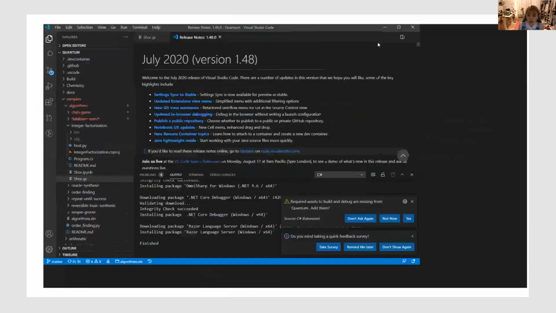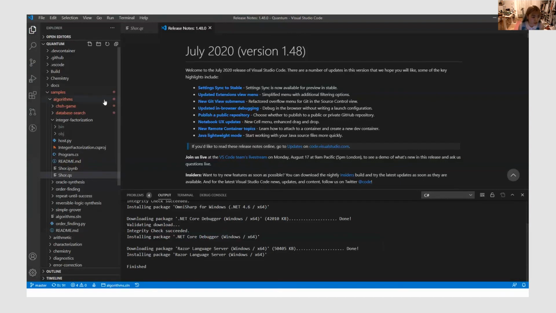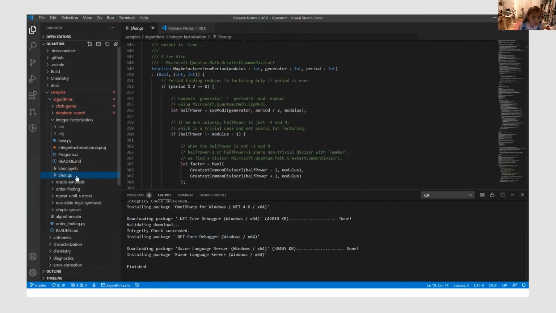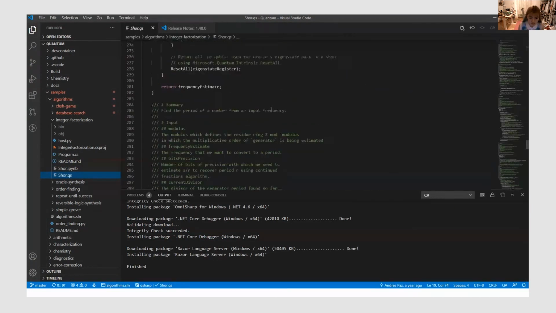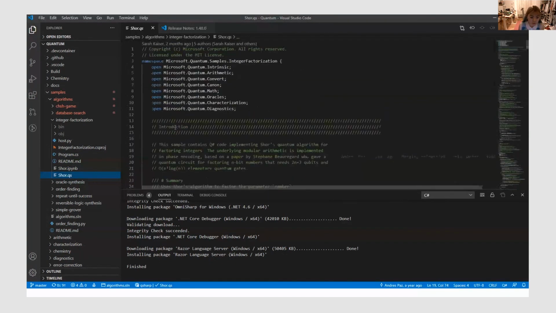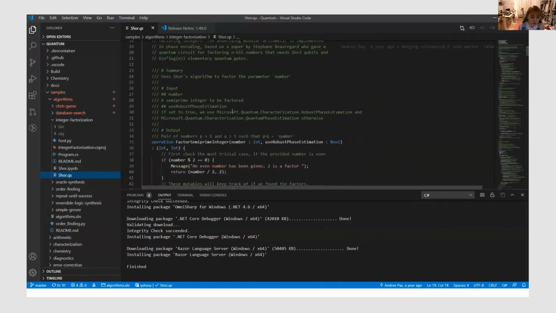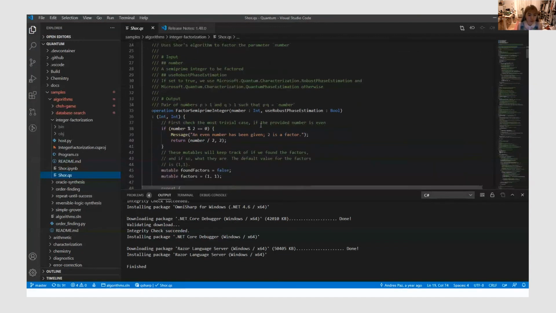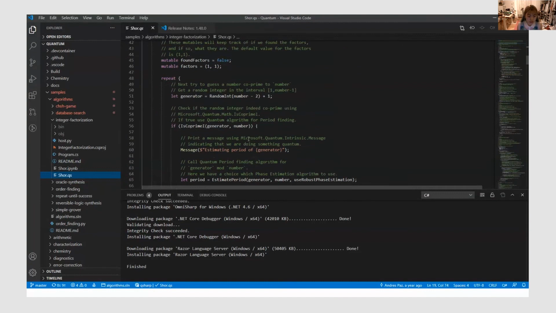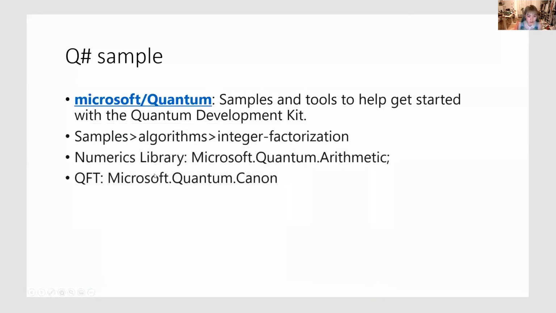I think walking through this in class is actually not as good as just looking at it yourself, because you need some time to look through all of these, and luckily it's all very well annotated. So I highly recommend that you clone the samples GitHub repo and look at Shor's algorithm at your own pace. So that's it for today.